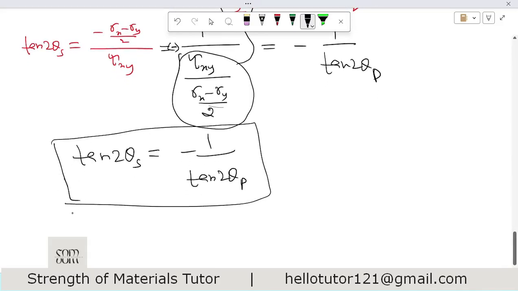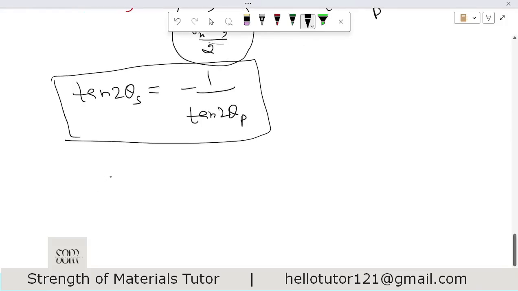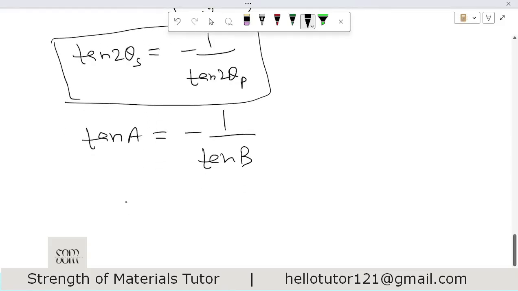Now what does it mean? From basic trigonometry, if tan A is equal to negative 1 over tan B, it means the angle A minus angle B is 90 degrees.